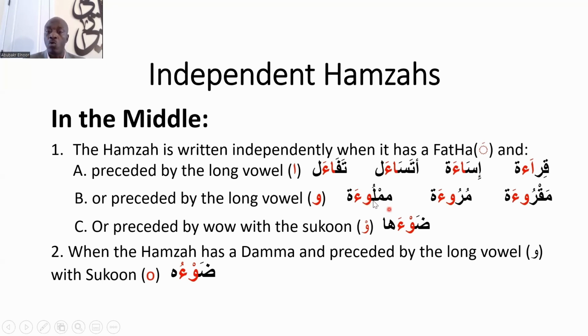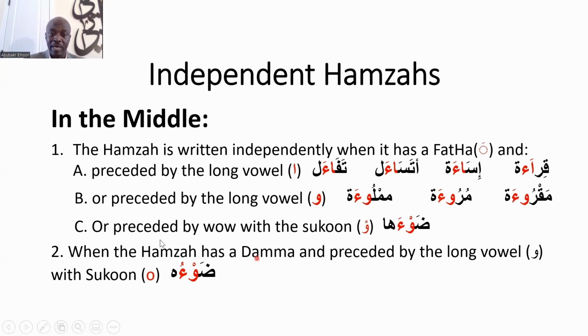You see the Hamza has the fatha and is preceded by the long vowel waw. So when the Hamza has the fatha and is preceded by the long vowel waw, the Hamza is seated alone. And when it has the fatha and is preceded by the long vowel alif, the Hamza is written independently with no help or no chair.